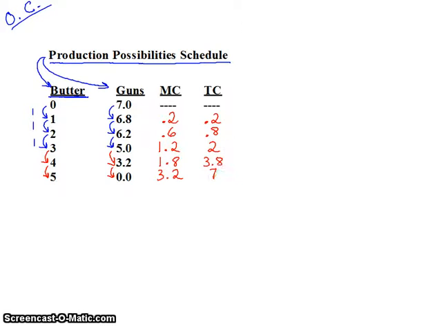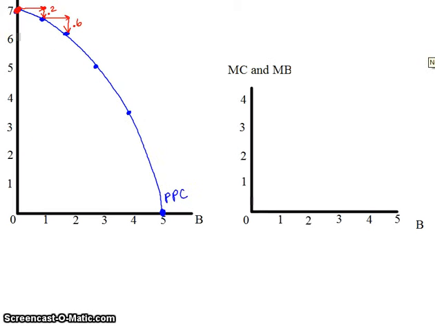Let's see all of those on the graph. So on the graph, we're back here at he's producing 2 butter and 6.2 guns. Now he's going to add 1 more butter, and he had to give up, I think it was 1.2 guns. And then he adds another butter, and he has to give up, I think it was 1.8 guns.